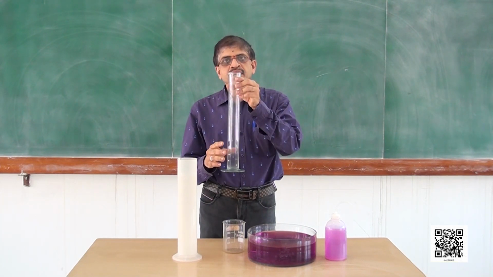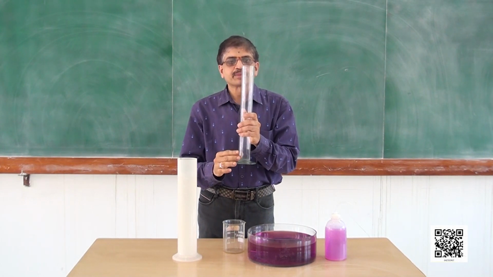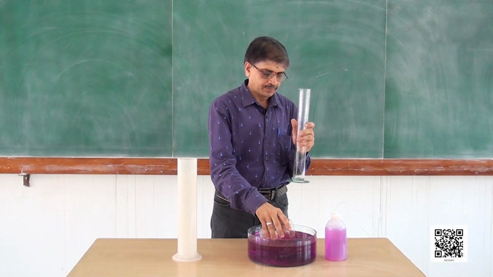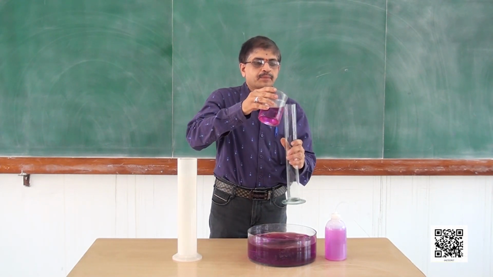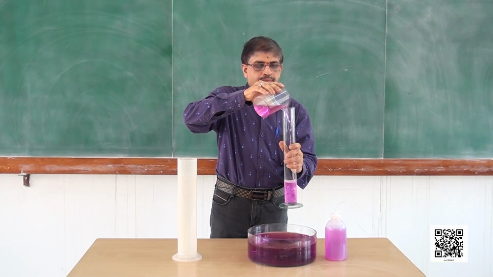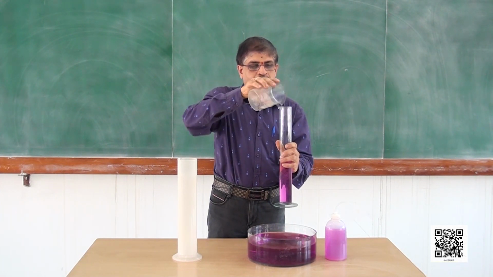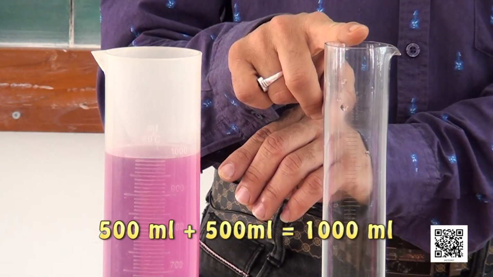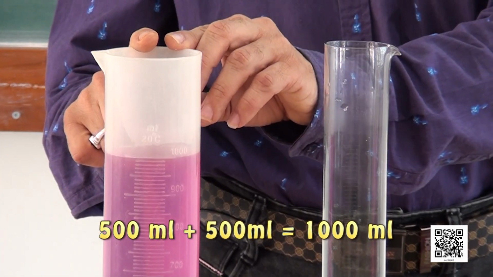We now take 500 milliliters of water into this measuring cylinder. What we did, we transferred this 500 milliliters of water twice to fill this 1000 milliliters.